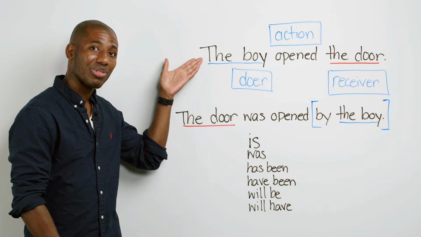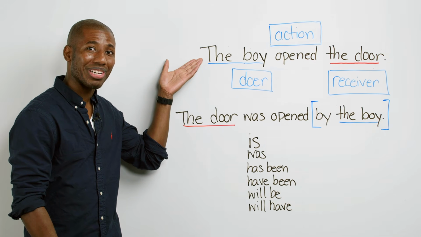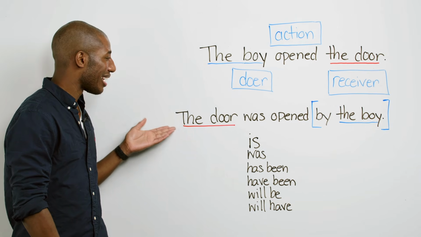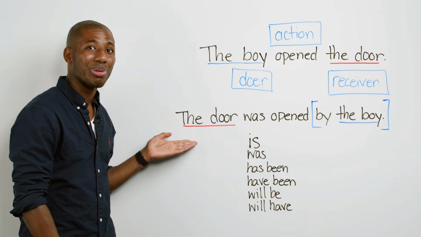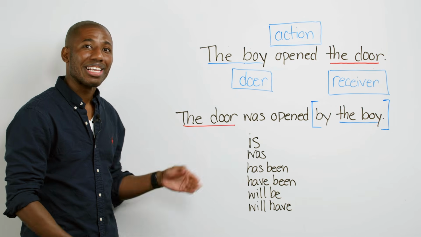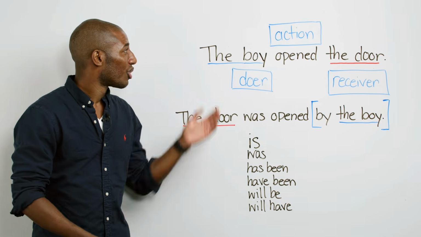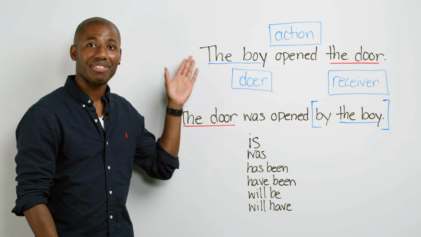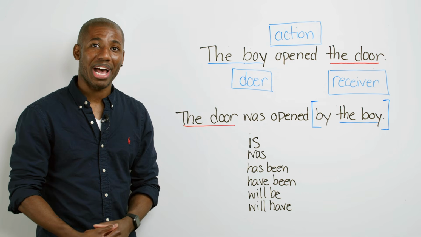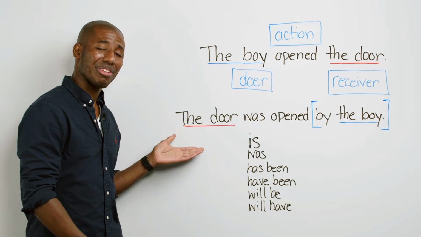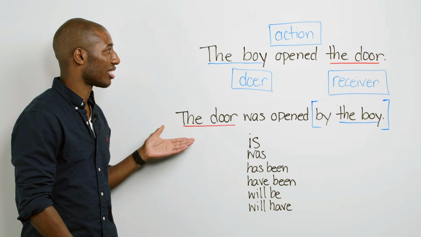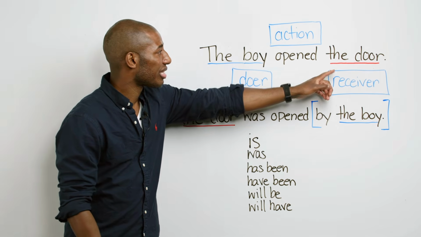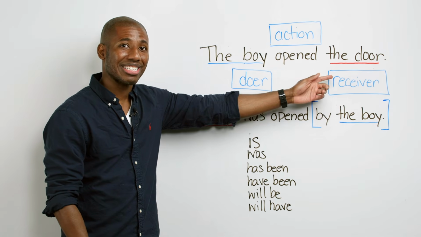Here's our sentence from before. The boy opened the door. Now we have the door was opened by the boy. Like I mentioned earlier, active sentences follow the subject, verb, object pattern. Well, it's a little bit different for the passive sentence. Before we had the receiver at the end of the sentence.